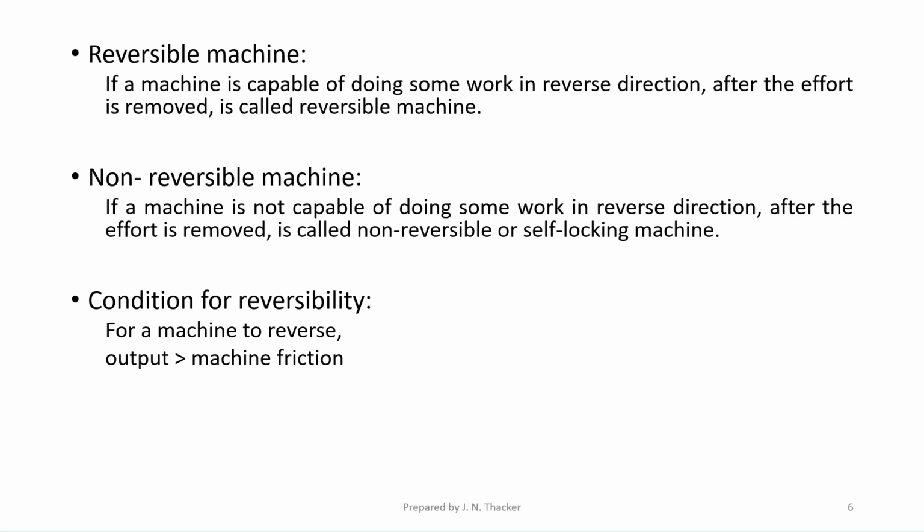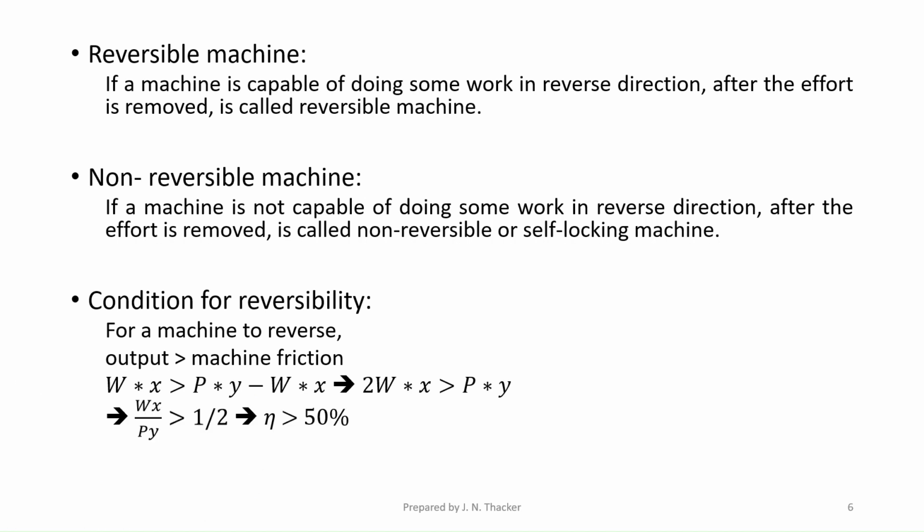Now let us consider this in formula terms. So we know that output is W into X. Machine friction is simply your input minus output. Input is P into Y, output is W into X. Now take this Wx on the other side, you will get 2Wx is greater than P into Y. So we get Wx by Py is greater than 1 by 2.